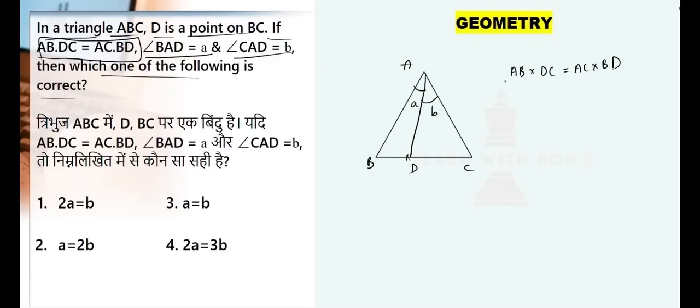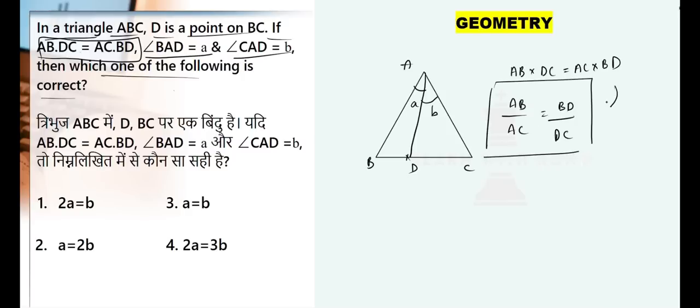If you observe the given relation here, I can write AB divided by AC equals BD divided by DC, right? From this relation you can say that this is nothing but the angle bisector theorem.